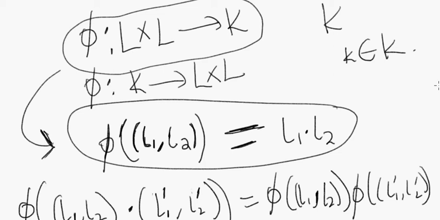Okay, is the map surjective, or is it even injective? Surjectivity would just mean that, well, we don't know what the subgroup K is. That's the problem. But oh, okay, maybe we can just consider the image of L cross L, right?